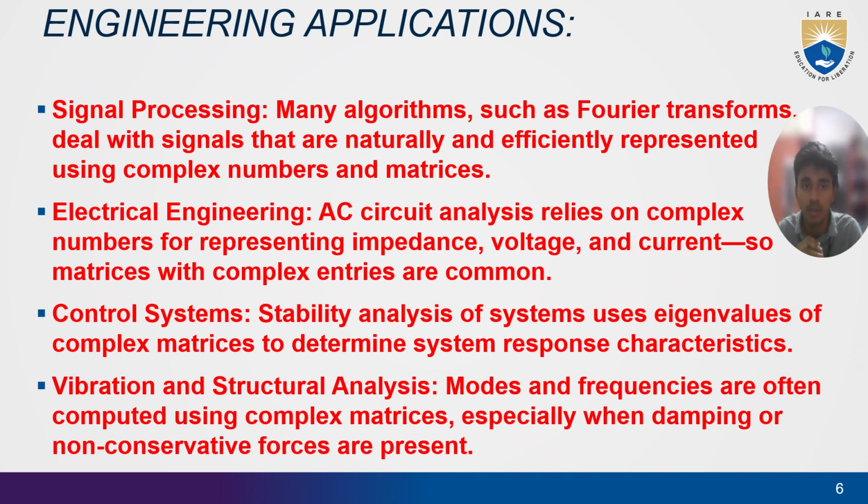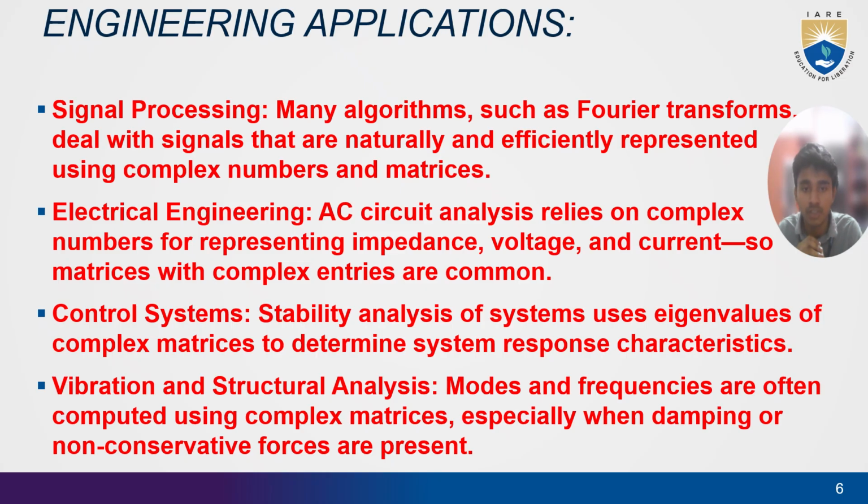Engineering applications. Signal processing: many algorithms, such as the Fourier transform, deal with signals that are naturally and efficiently represented using complex numbers and matrices. Electrical engineering: AC circuit analysis relies on complex numbers for representing impedance, voltage, and current, so matrices with complex entries are common.